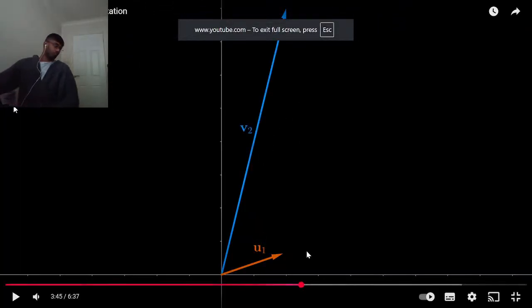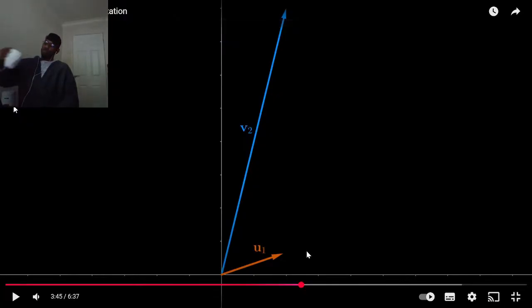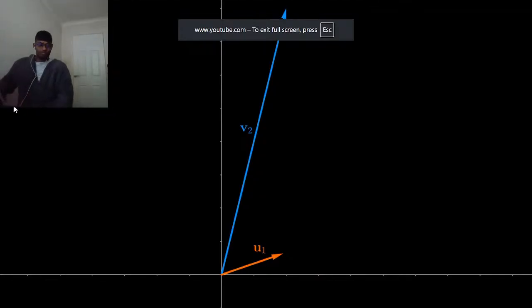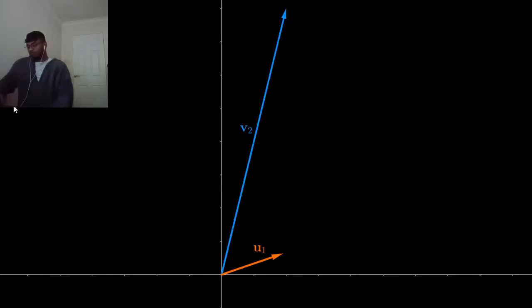So v2 is definitely not parallel to u1. That means that v2 has a parallel component to u1 and a perpendicular component to u1, which is non-zero. So you know how to do this. I'm going to project v2 down onto the u1 vector.